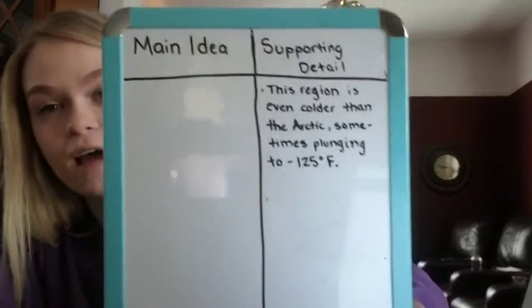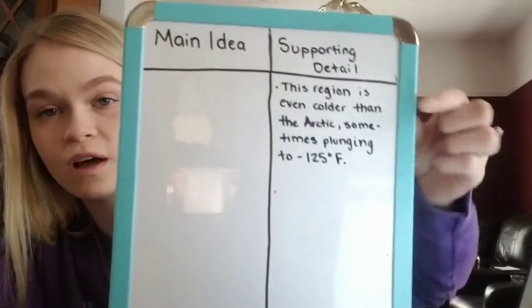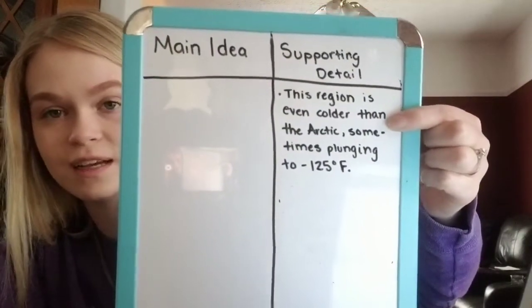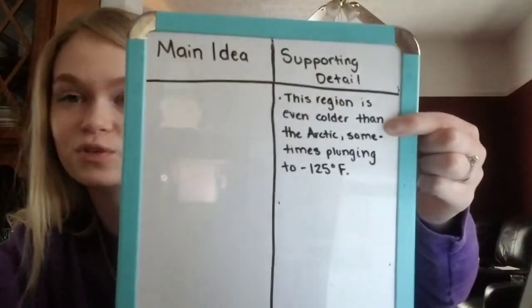So let's write that together. So your T-chart should look like this at the moment, listing one fact or one supporting detail that you found within the paragraph on page 171.